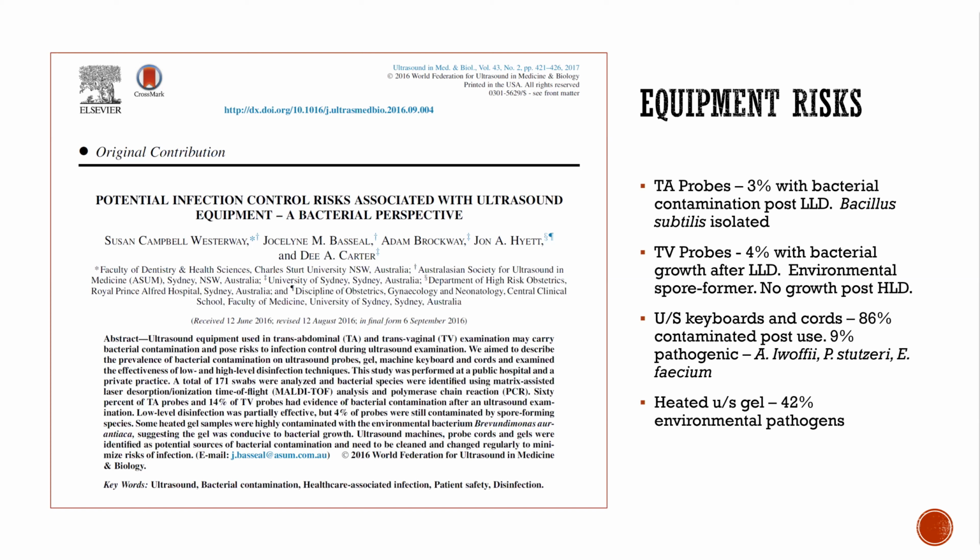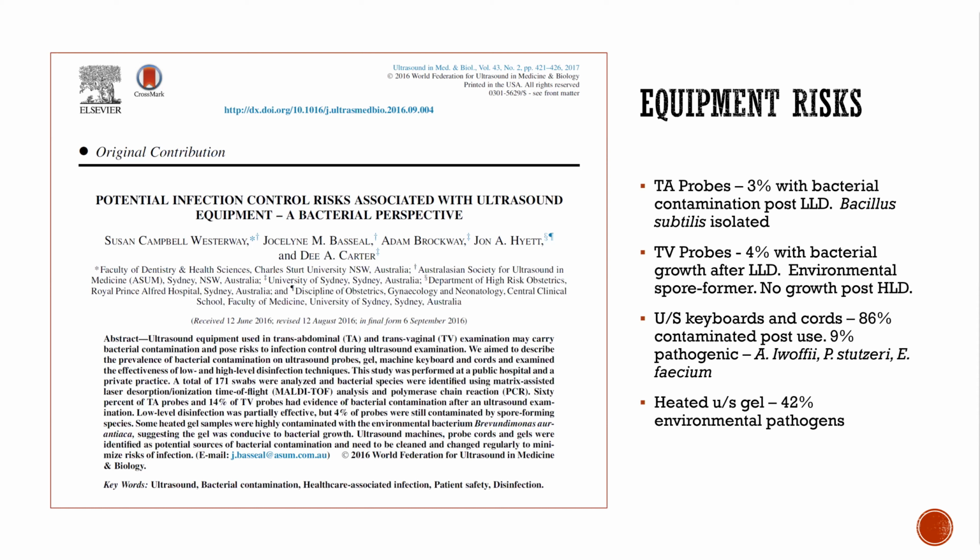They did find some environmental spore-forming bacteria, but what was reassuring is that they did not find any growth on those probes that had received high-level disinfection. Keyboards and electrical cords, since often those transducers are not wireless and are connected to a cord, 80% of those were contaminated after use.